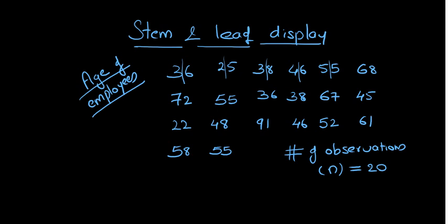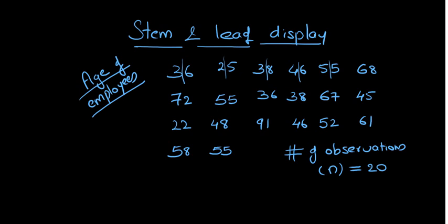For this you can use software like even simply your Excel sheet, give a sort command, it gets sorted, and then you can make the stem and leaf display. In fact, you can directly plot the stem and leaf display in an Excel sheet, or if you really want to use some statistical software, for example Minitab, you can try it out. Okay, so now I am going to do this manually here.